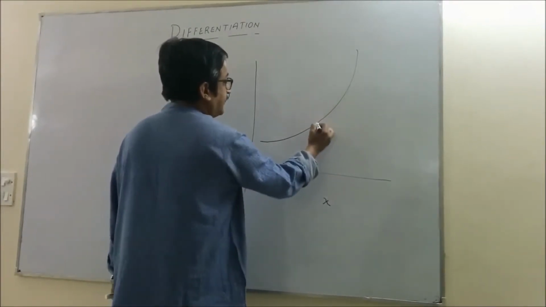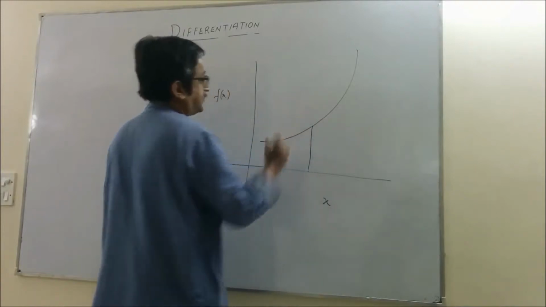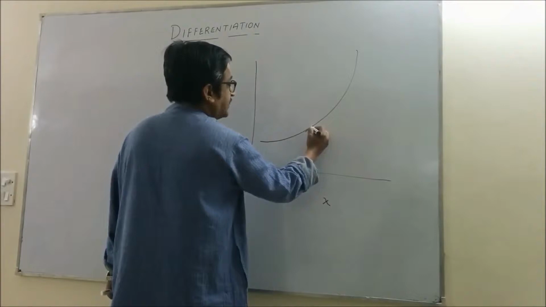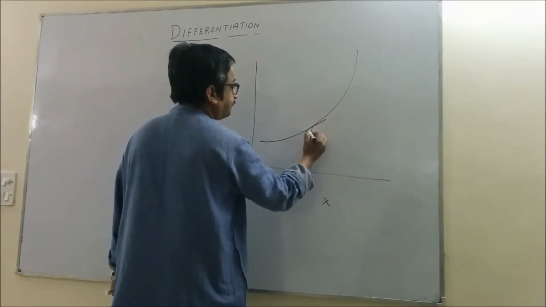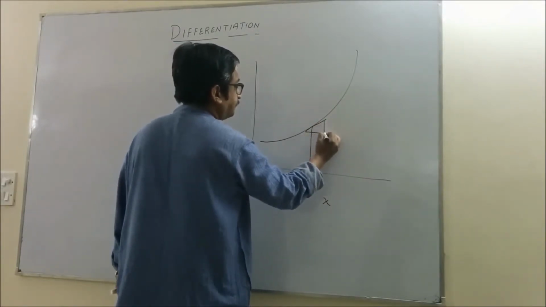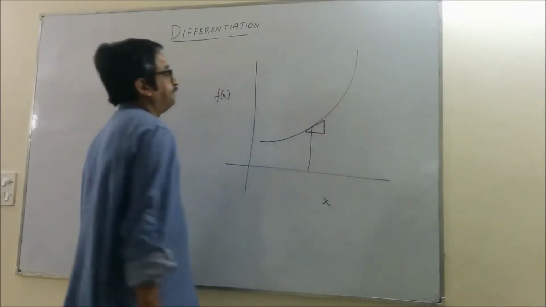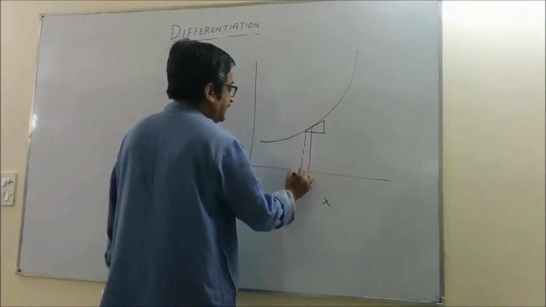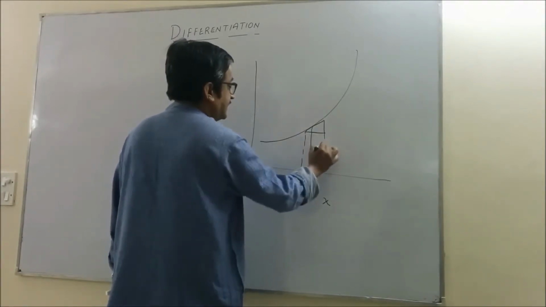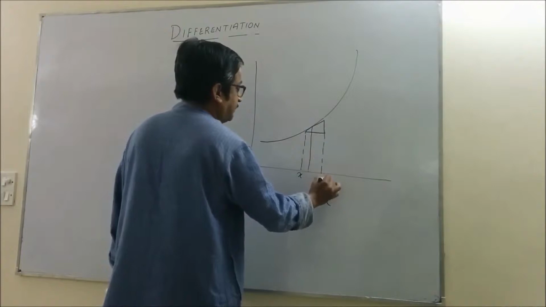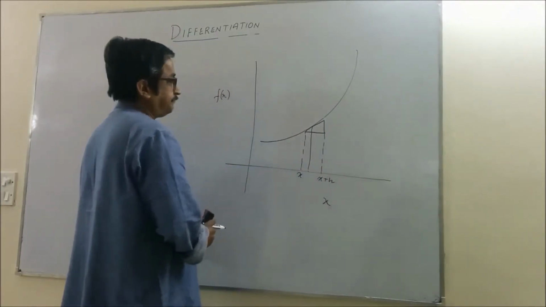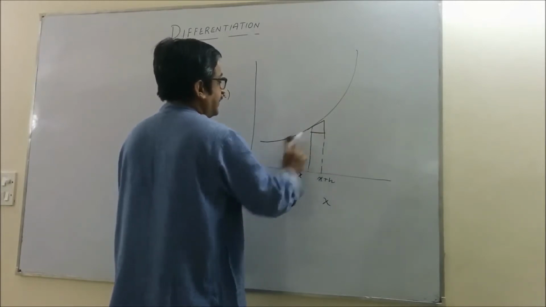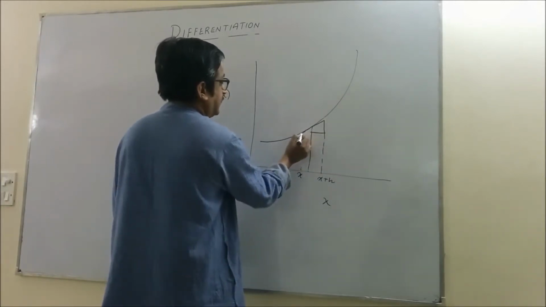I want to find the derivative around this point. What will I do? I will draw a tangent at this point. Then, let this point be my x and this point be my x plus h. I should try to do it symmetrically. So I will just extend it a little bit.